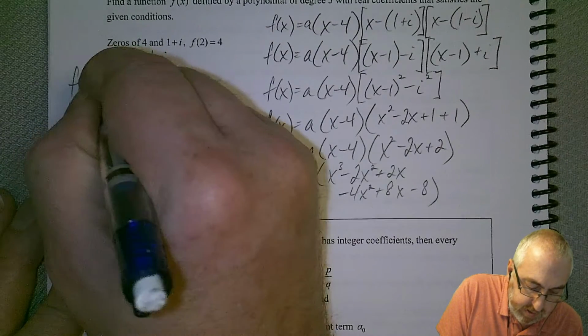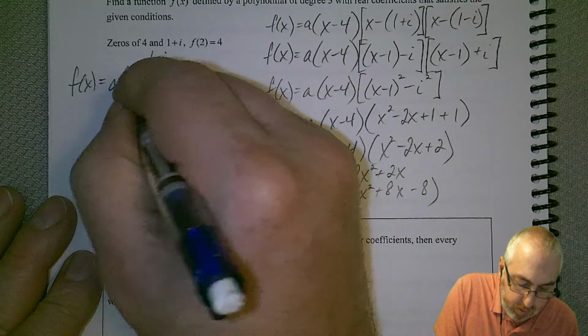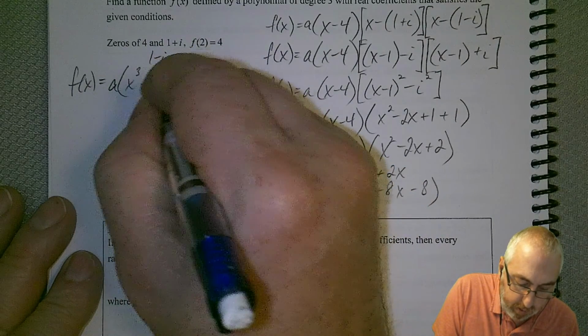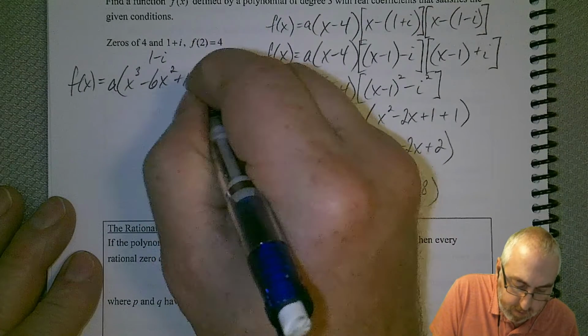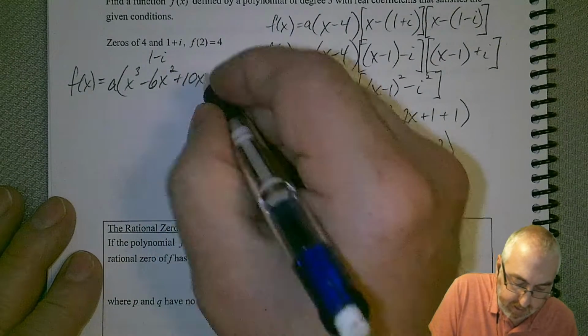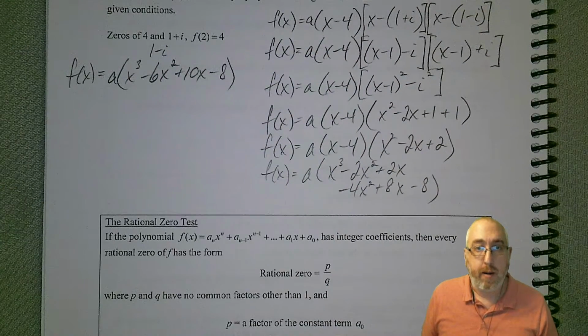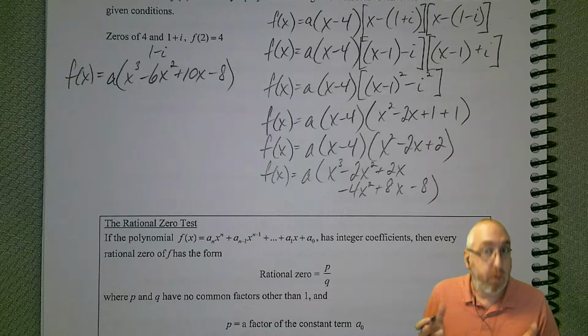And so let's go over here now. So f of x is equal to a times x cubed minus 6x squared plus 10x minus 8. All right. So there's our polynomial function generalized.